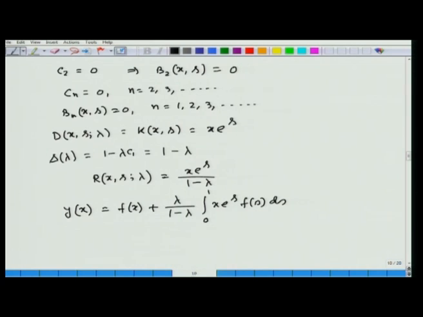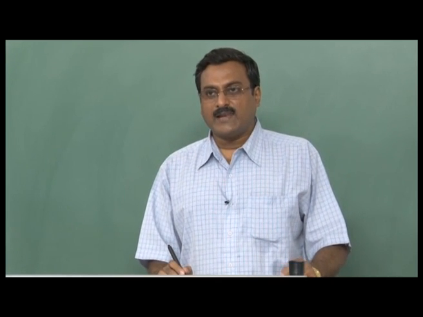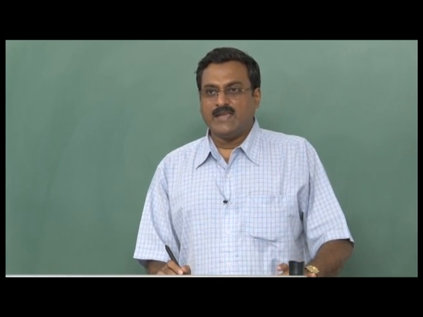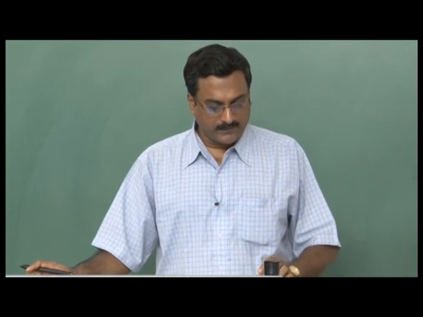Now, we define the alternative way by which we can calculate these Bn(x, s) and Cn's. Of course, we have to keep in mind that B0(x, s) is nothing but K(x, s), and C0 is also equal to 1.